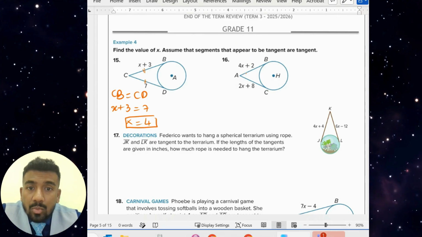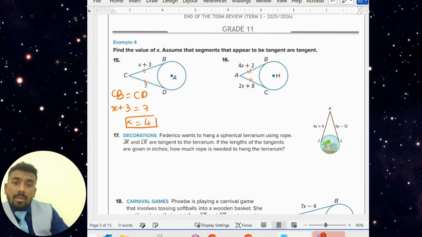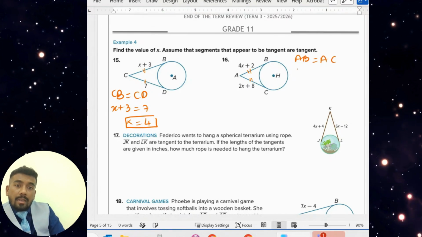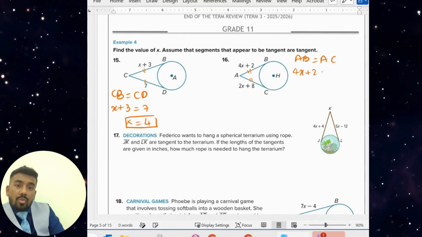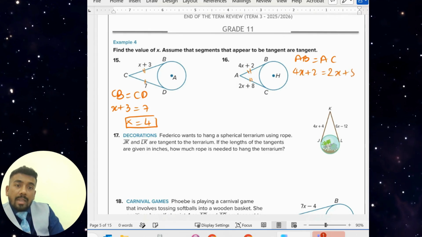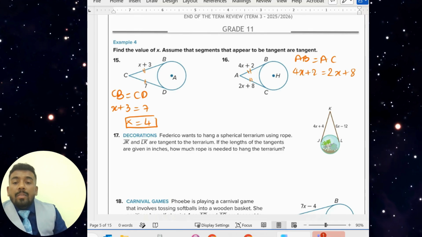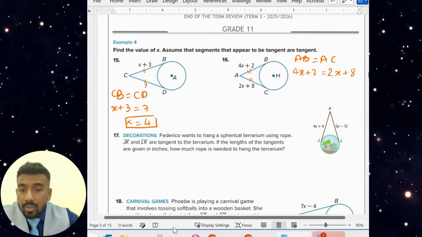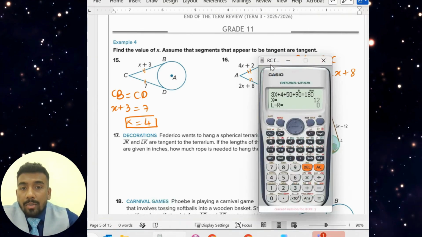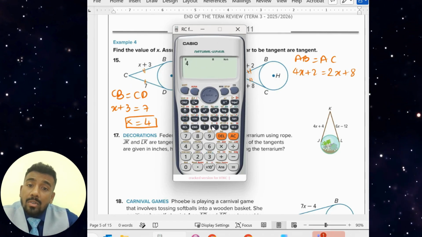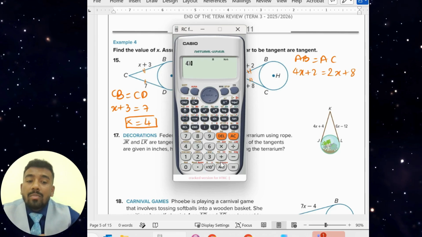In the same way, in the next one also this will be equal to this. So AB will be equal to AC. So 4x plus 2 will be equal to 2x plus 8. Solve them. Preferably put it in the calculator, do shift solve, or you can solve it manually also. Once you know how to put it in the calculator, shift solve will become faster.